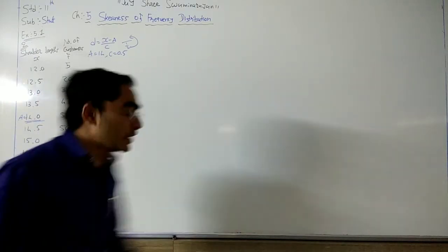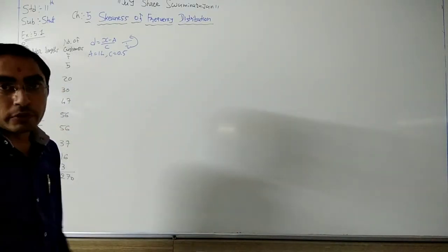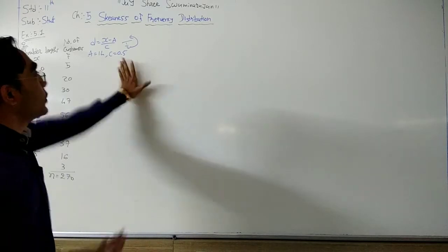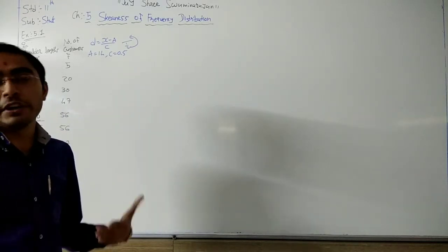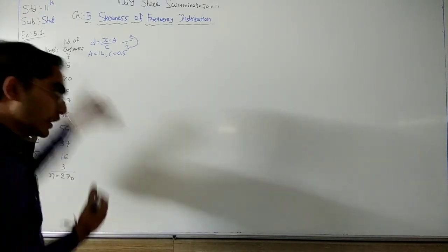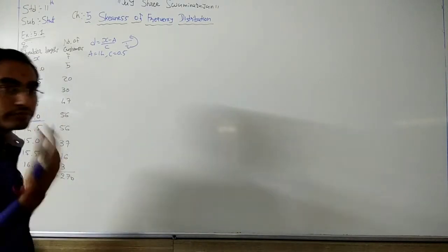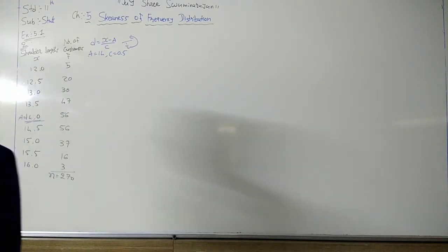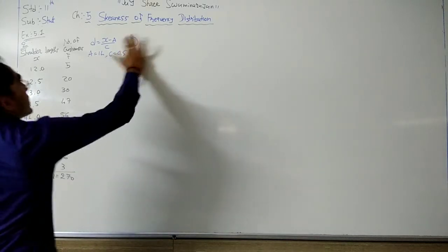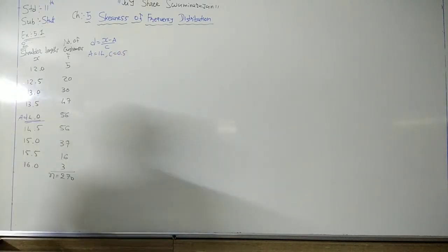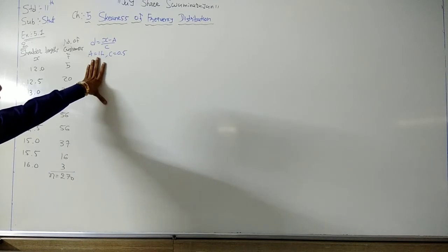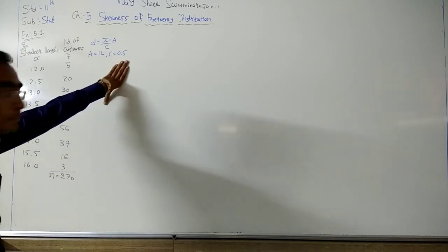You can also take 0.1, because 0.1 means 1 by 10. If you multiply the number by 10, then the decimal point will be removed. So here we take the assumed A as 14, C is equal to 0.5.